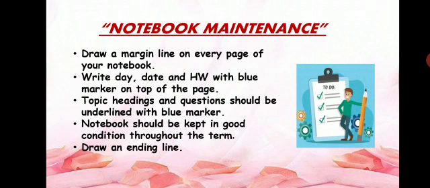Then you will write the date, day and homework on the top of the page with a blue marker. The headings and the questions will also be written with the blue marker and underlined with the blue marker as well. Your writing should be very neat because it boosts your confidence, and the copy should be kept in good condition throughout the term. And at the end, students, you have to draw a margin line.